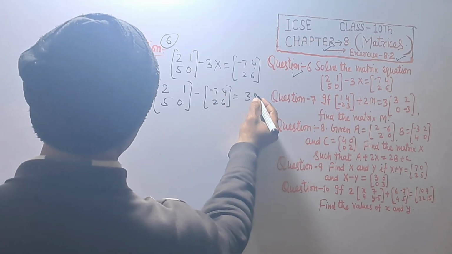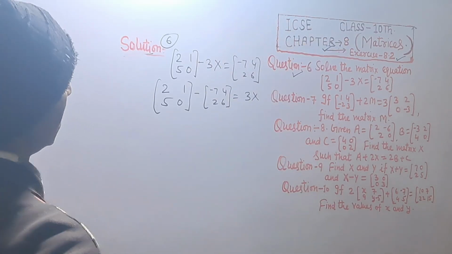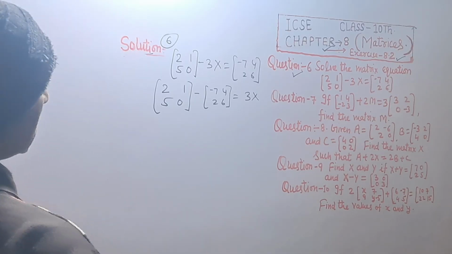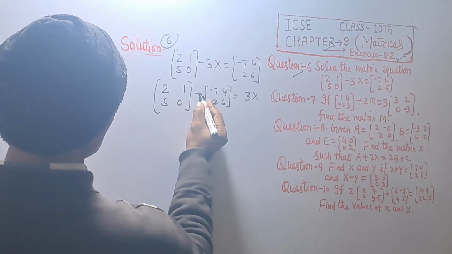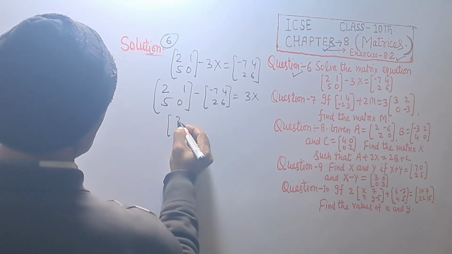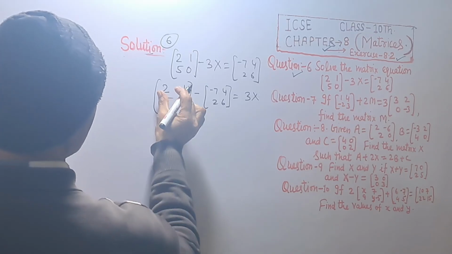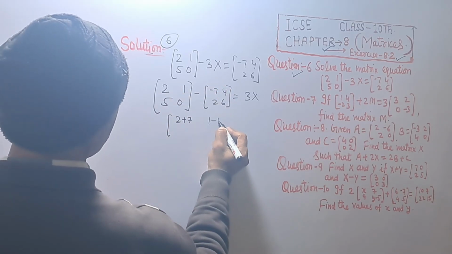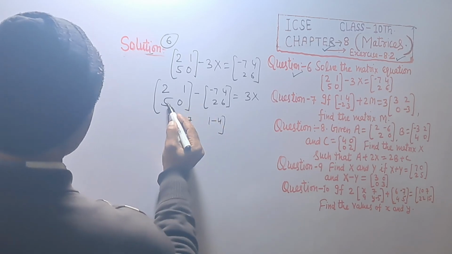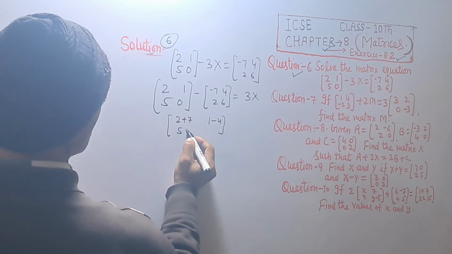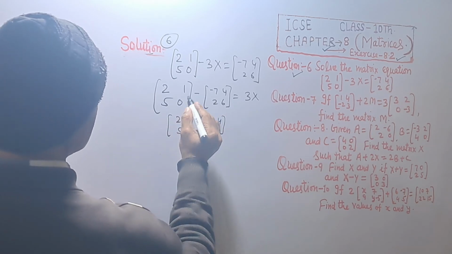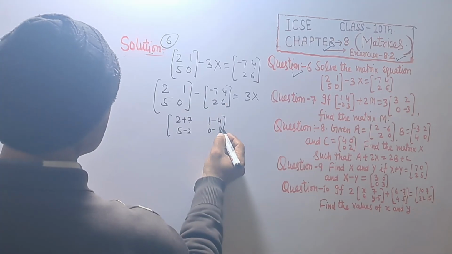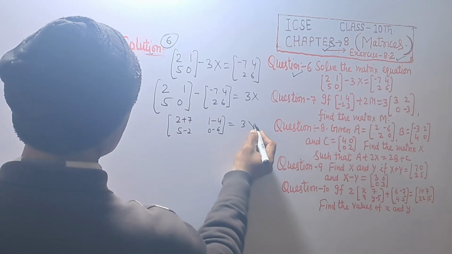Shifting the right matrix to the left side, it becomes negative, and minus 3x shifted to the right side becomes positive 3x. So 2 minus minus 7 is 2 plus 7, 1 minus 4, 5 minus 2, 0 minus 6, equal to 3x.